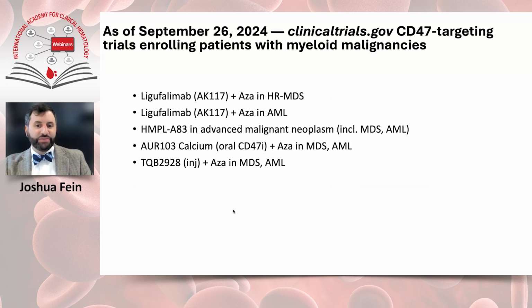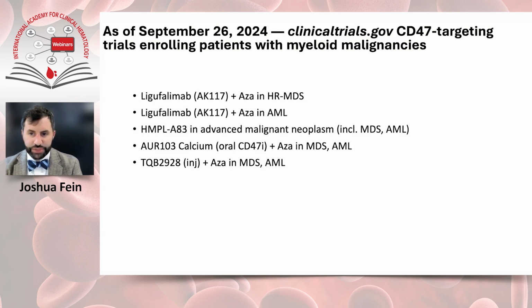However, given the experience that CD47 blockade has had so far, as of today, September 26, 2024, when we're recording this, clinicaltrials.gov has a pretty limited selection of CD47 targeting trials for patients with myeloid malignancies. There are quite a few in solid malignancies, at least 10 or 15.